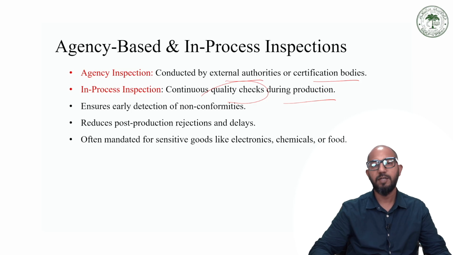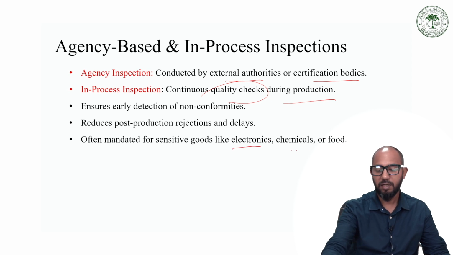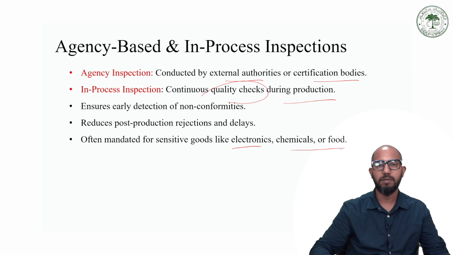The agency-based and in-process inspections ensure early detection of non-conformities as well as reduce post-production rejections and delays. Agency-based and in-process inspections are often mandated for sensitive goods like electronics, chemicals or food items.